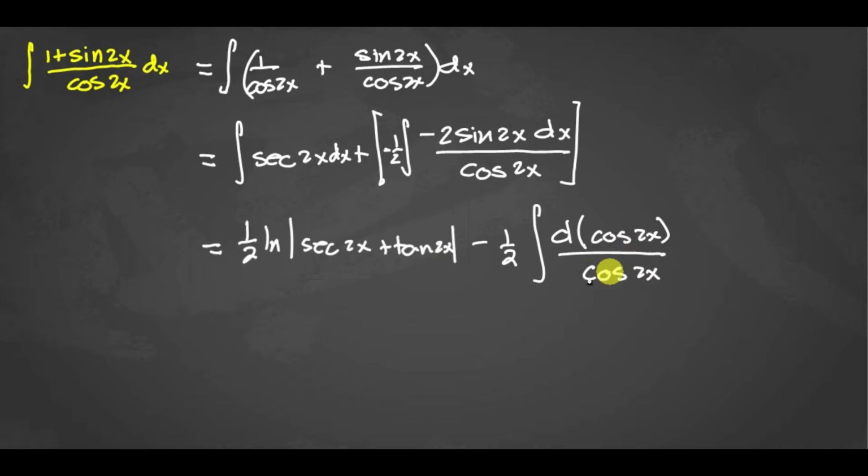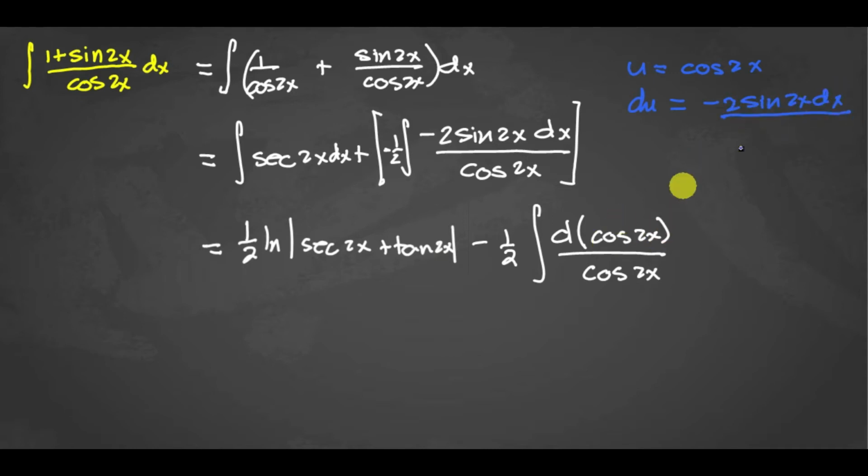Remember that cosine 2x here is not equal. Since we have a differential operator here, that means we need to take the derivative of cosine 2x here. So this is similarly equal if we use the substitution method and write our solution: u is equivalent to cosine 2x, and taking the derivative of u, du is equivalent to negative 2 sine 2x dx, and this is our du.